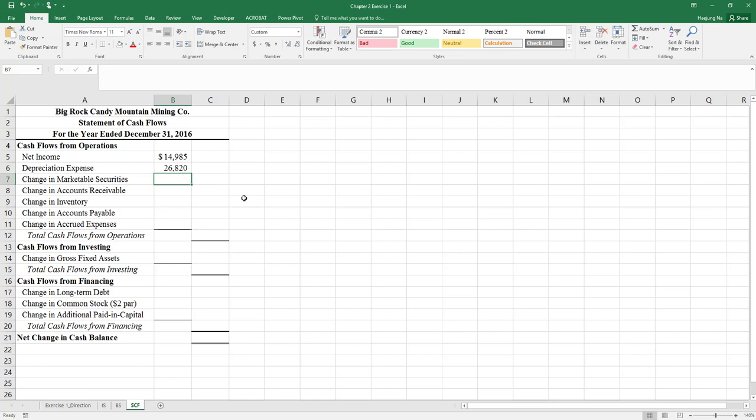So let's first start with marketable securities. If we increase that amount, that would have a negative impact on cash flows, or a decreasing impact, because we're actually purchasing marketable securities, right?